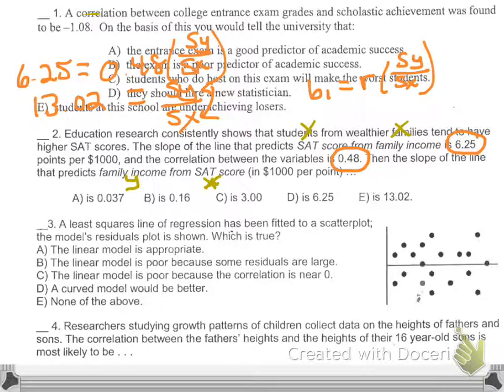Now the way we denote reciprocals, maybe you talked about this in pre-cal, is to the -1 power. Just like 2 to the -1 power is 1/2. 1/2 is the reciprocal of 2. So if I take the reciprocal on one side, I have to take the reciprocal of the other side.